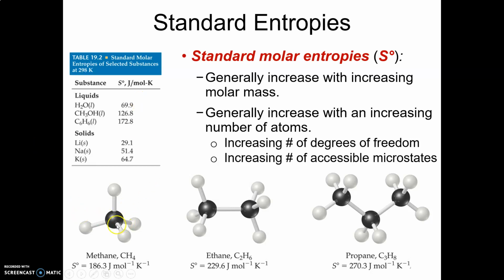Now we're increasing mass, but you're also increasing rotations and everything else here as well, because now we can have an internal rotation in this molecule. We can't have an internal rotation in this one. So definitely these jumps relate to the fact that we're increasing the number of atoms, we're increasing the mass, but we're also increasing the number of rotations and degrees of freedom. So we see a gradual increase in the standard molar entropy.